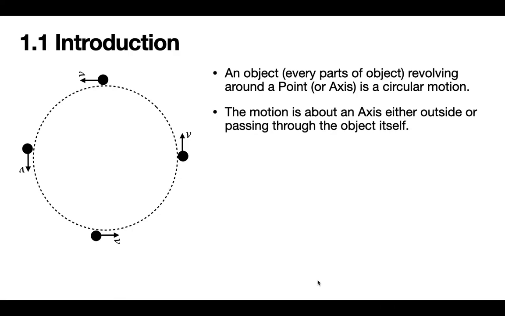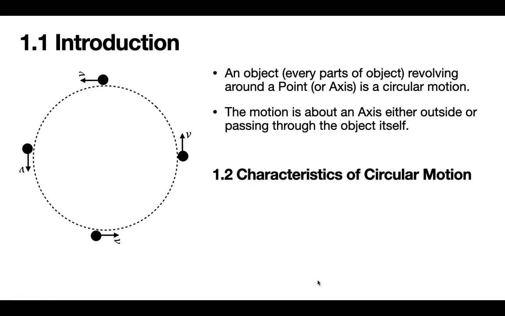But if we take the example of a top spin, or any disc that you rotate, then the axis is in the body at the center. There are various such examples of circular motion, and we'll see some of them and how to solve related problems in subsequent sections.